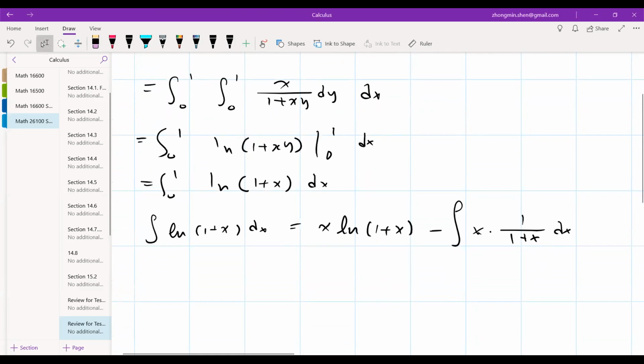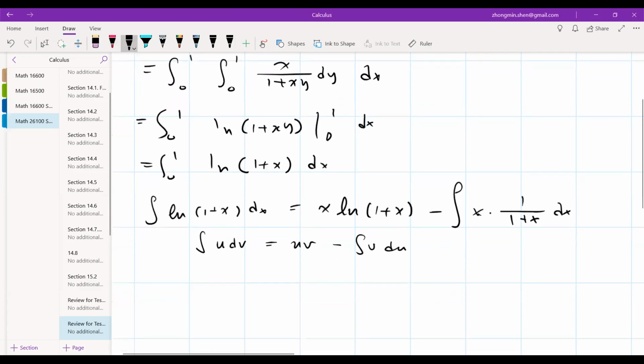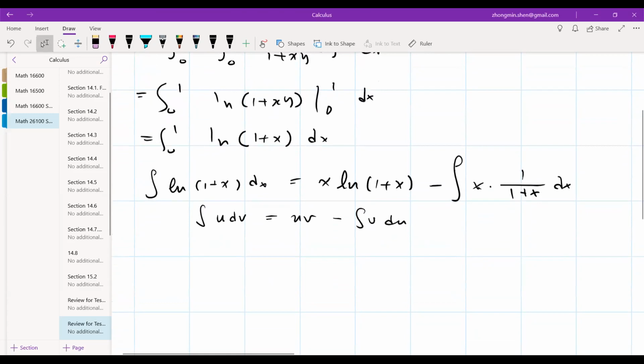So this is like u and dv, which is going to be uv minus the integral of v du. V is x here, u is natural log of 1 plus x.